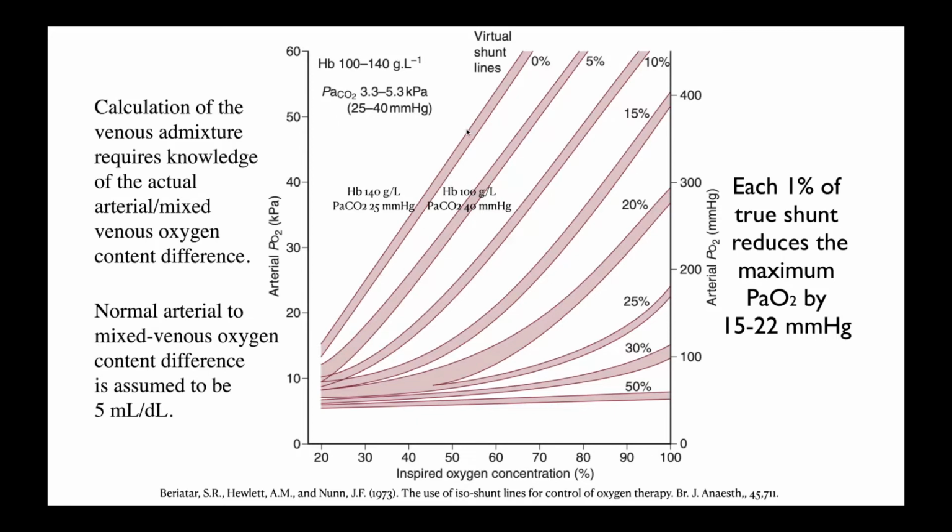The other thing to note is that you see these bands. The reason why they're bands is that when you look at the calculation of venous admixture, it does require knowledge of the actual arterial mixed venous oxygen content difference.